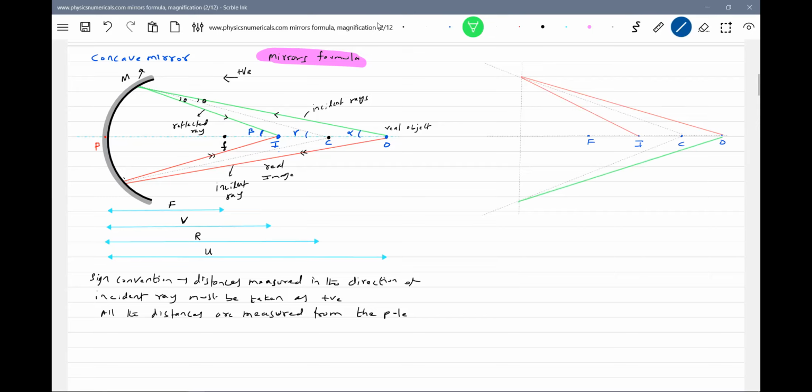This is the incident ray. After reflection, it will meet at this point. So where is the mirror? This is purely for mathematical convenience. This will be beta, this will be gamma, this will be alpha. For a real object, a real image will be formed.